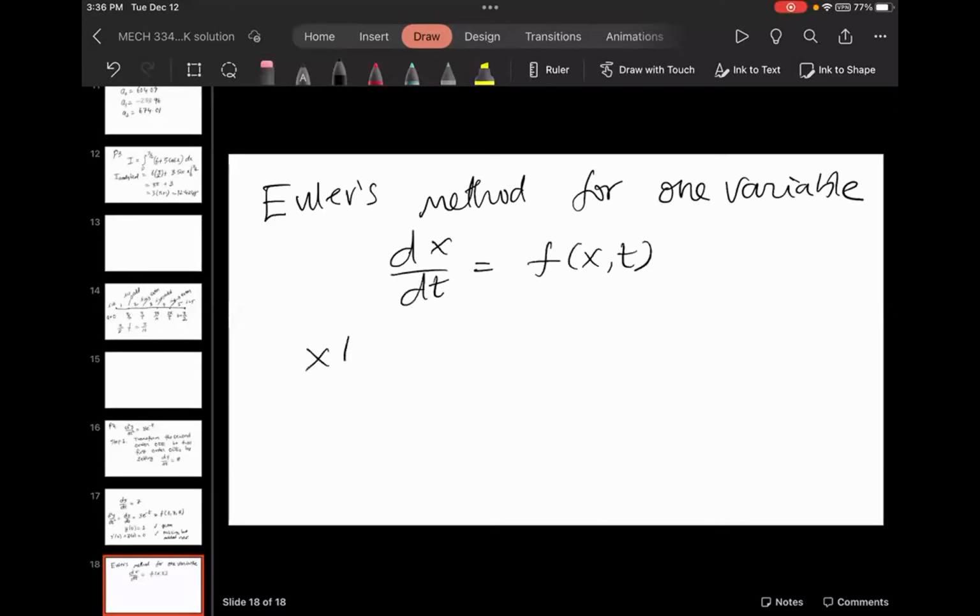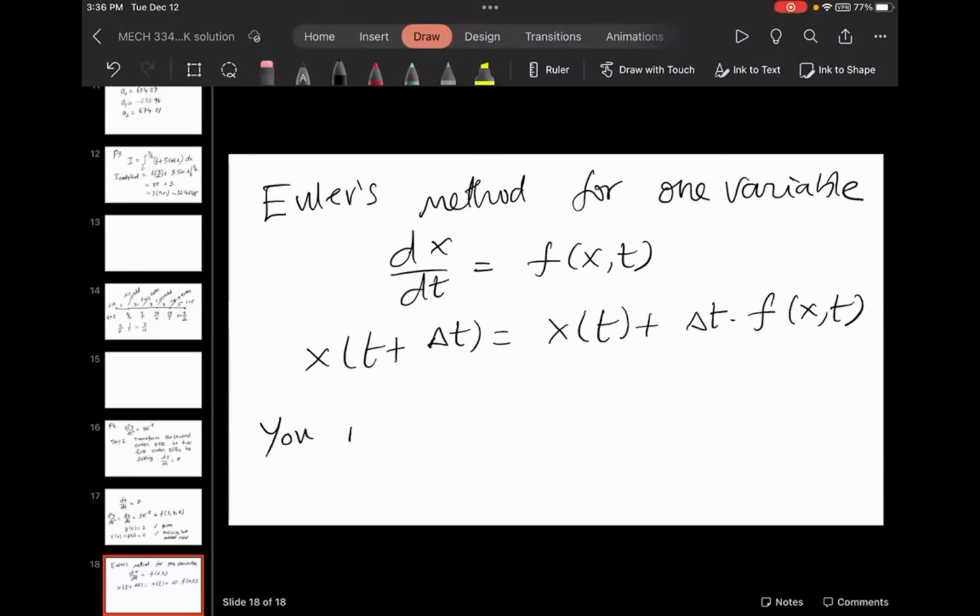Euler's method is x of t plus delta t equal to x of t plus delta t multiplied by f of x comma t. This is Euler's method for one variable. Now you need to apply this for y and z, both of which are functions of time.